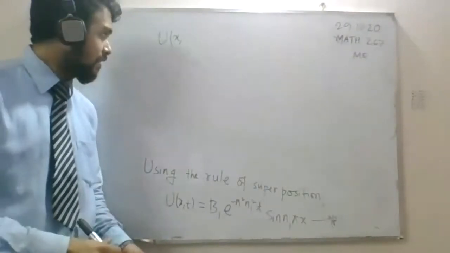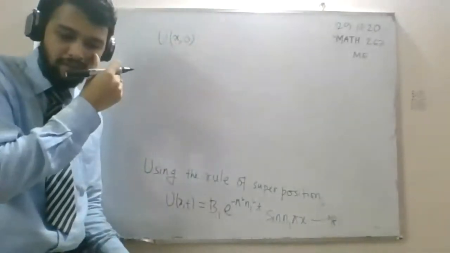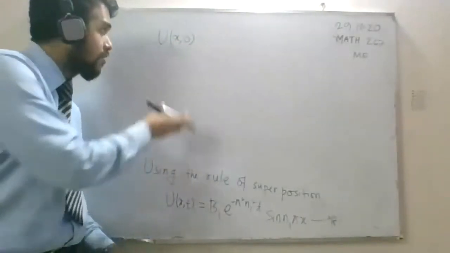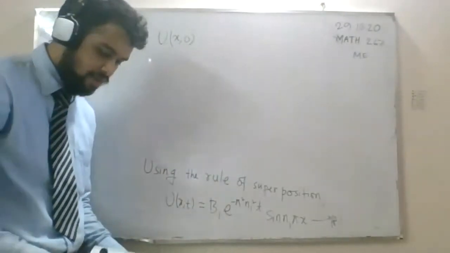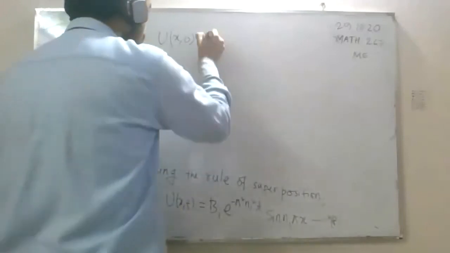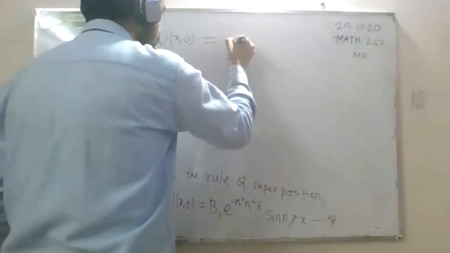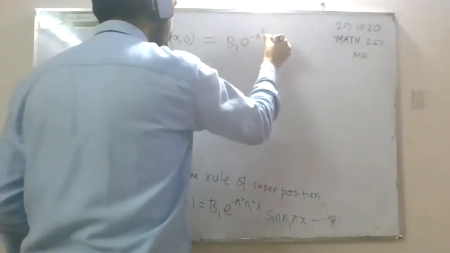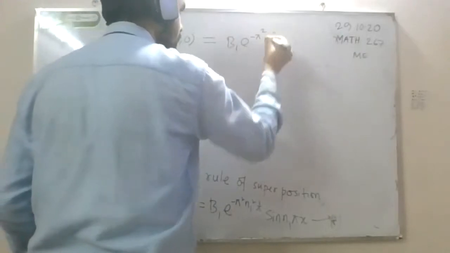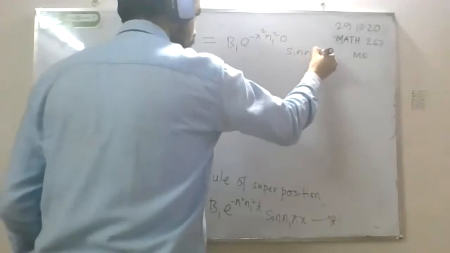But here the initial condition is u(x,0). For the superposition principle, you have to use this initial condition, u(x,0) equals b1 e to the power minus pi square n square t, here t is 0.